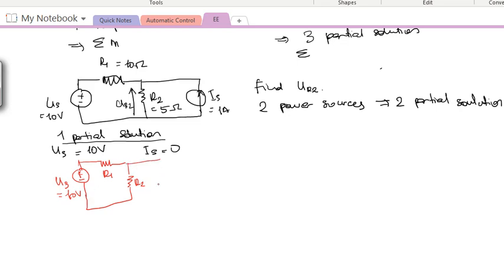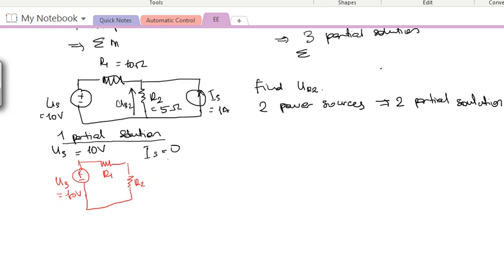But this time, IS equals 0. So it's an open circuit, right? When you say that it's an open circuit, it is not connected. So it is the same thing as if you don't even have this part, right? So this is the circuit for the first partial solution.